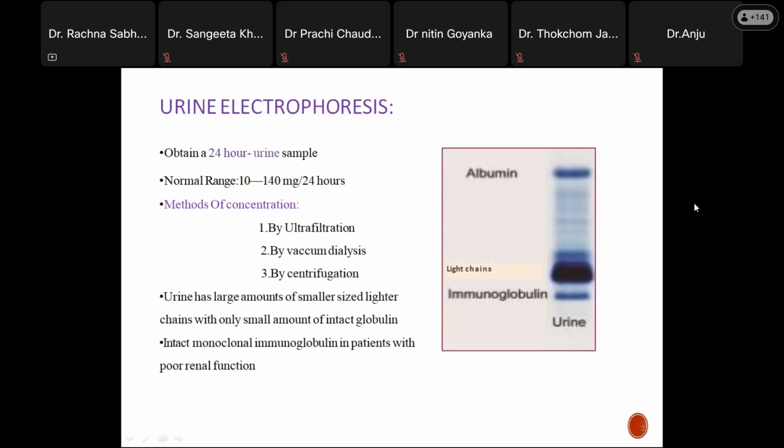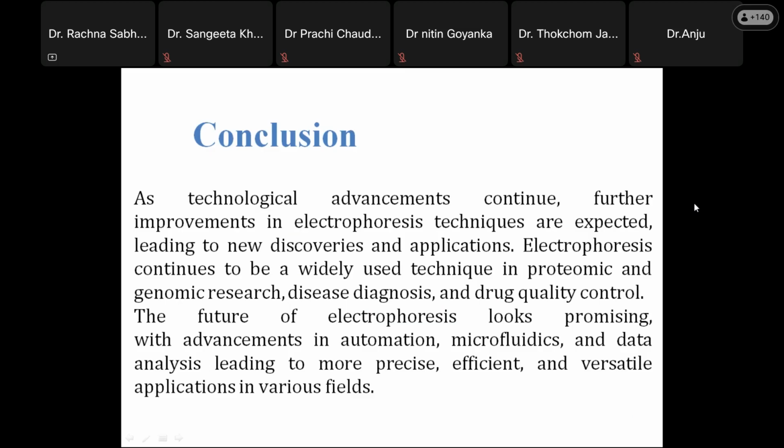Thus, to conclude, electrophoresis is a powerful tool in scientific research which offers a versatile method for analyzing macromolecules. As technologies continue to advance, the future of electrophoresis is very, very promising.